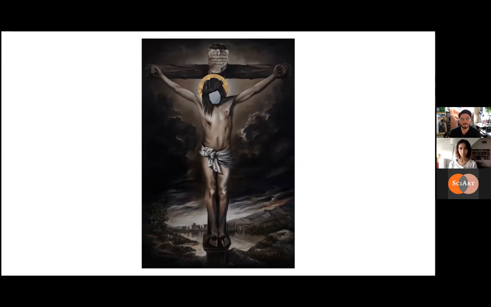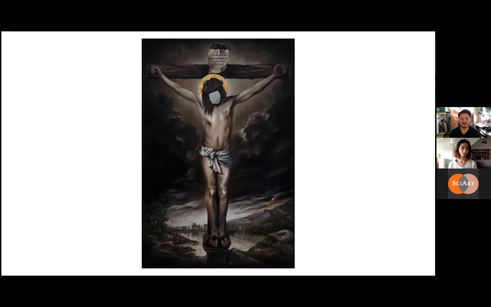And so these are really big. Each one is 4 feet wide, 6 feet tall. So when they're up on the wall, they're not 1:1 scale, but they kind of feel like that. The viewer's head is pretty much flush with the head of these figures.